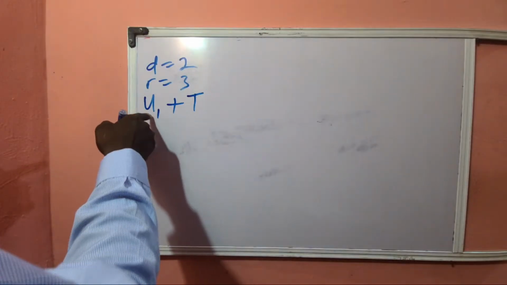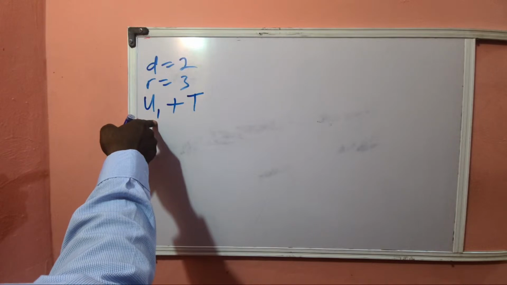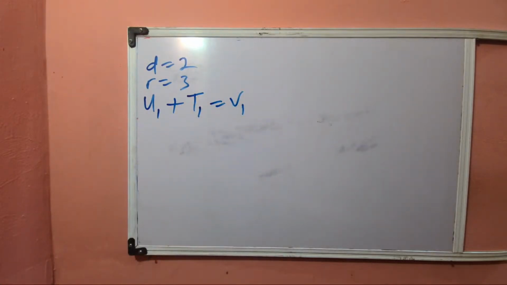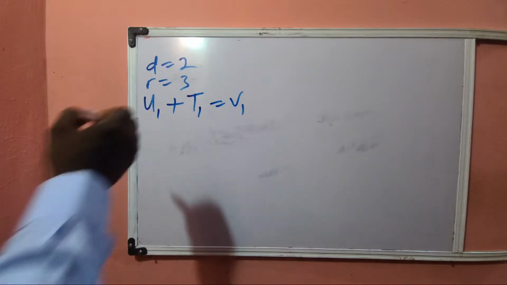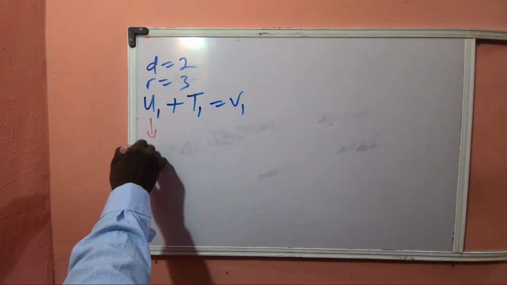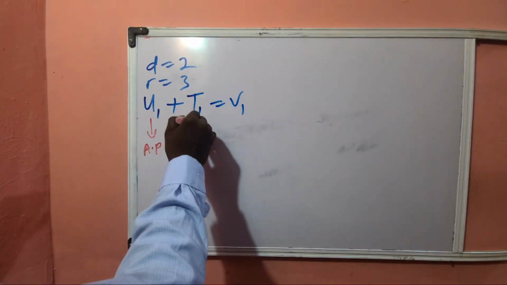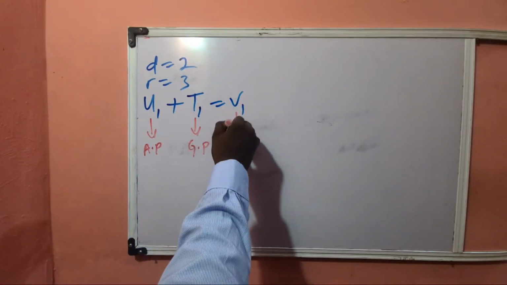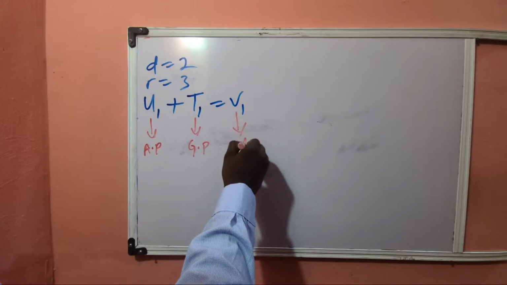So they said U1 plus T1 will give us the new sequence V1. Just for the sake of context, U1 here represents the terms of an AP, T1 here represents the term of a GP, and this V1 is the new sequence.